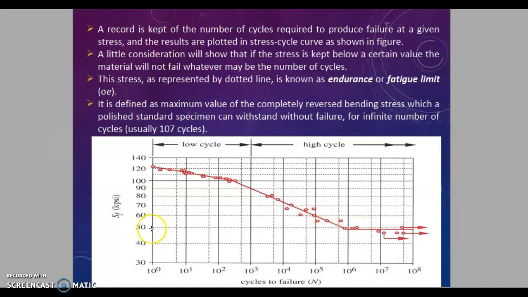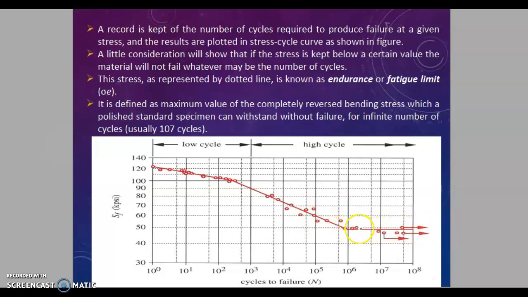So if the stress value is lower than this line, lower than 50 units, here the unit is another unit, kpsi. If we consider the unit as Newton per mm square, if the stress value is lower than 50 Newton per mm square, then it can be assumed that the material will not fail under an infinite number of stress cycles, because the curve is like this.